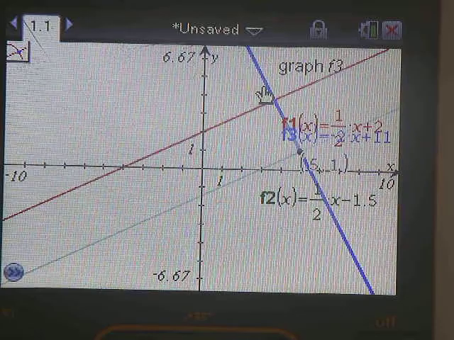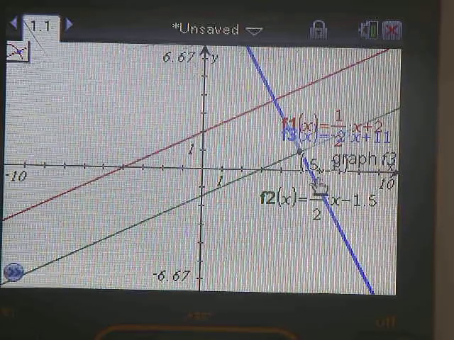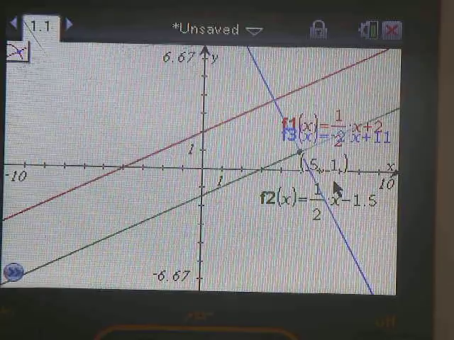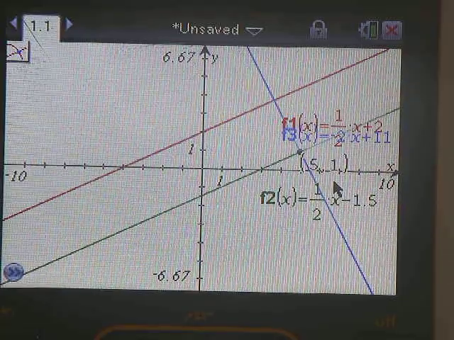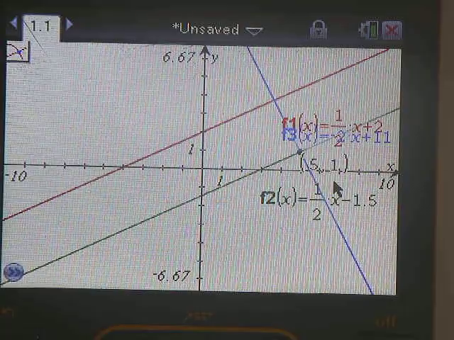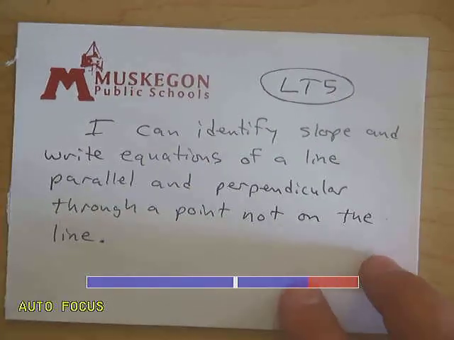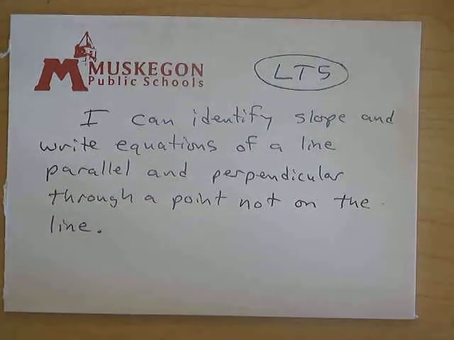And just to check that, I'm going to go to Menu, Points and Line. I'm going to go to Intersection Point. I'm going to click on the perpendicular equation and click on the parallel equation, then click on the perpendicular equation. Notice they intersect at the point (5, 1). So we've done it correctly. So if you ever want to check your work, this is a great way to check it.